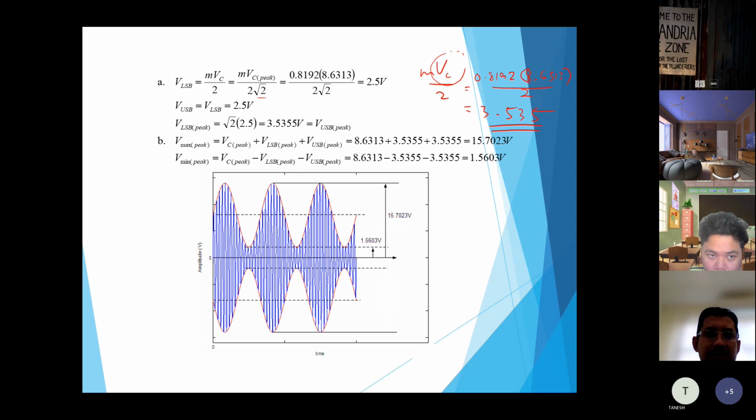So yang 2.5 ini adalah merujuk kepada nilai RMS. Okay, nilai RMS. Kalau you darabkan RMS dengan square root of 2, you akan dapat V peak, V peak yang ini. Jawapannya adalah yang ini untuk peak amplitude. Okay.